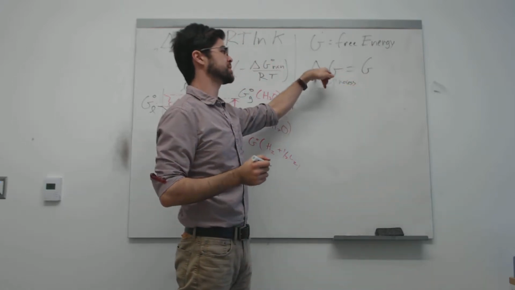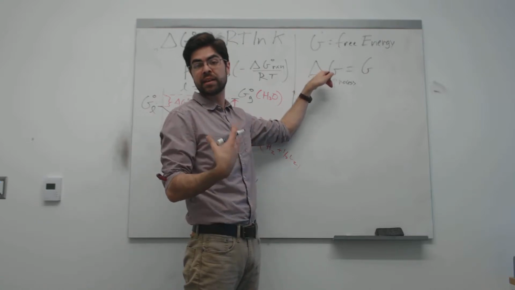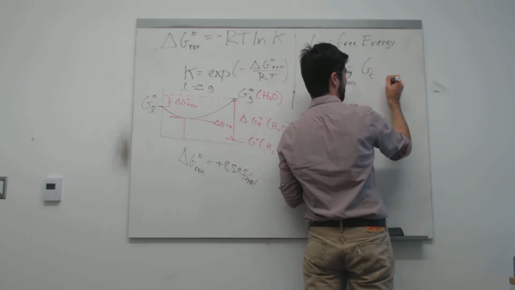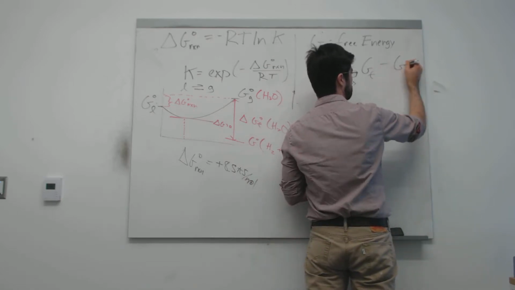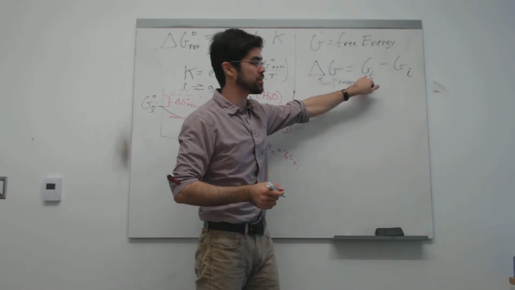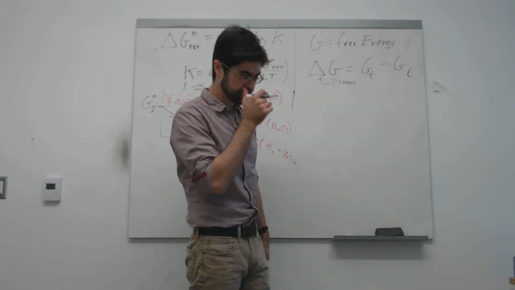If there is a process, the free energy of that system could change during the process, and if that happens, then the change in the free energy is your final free energy minus your initial free energy. So there's that.